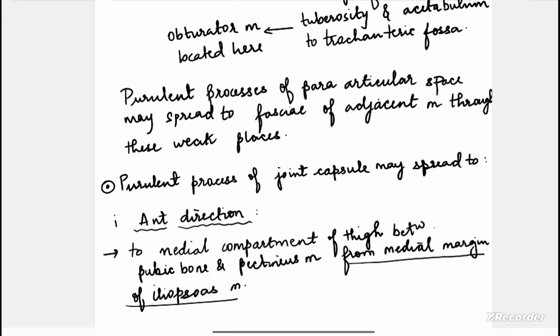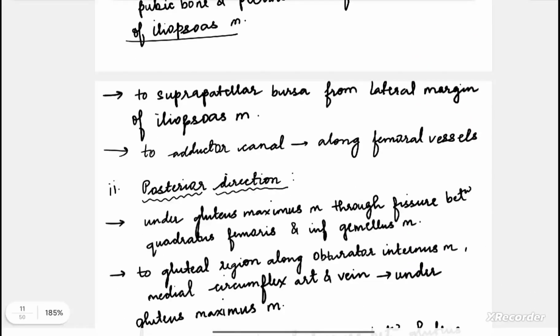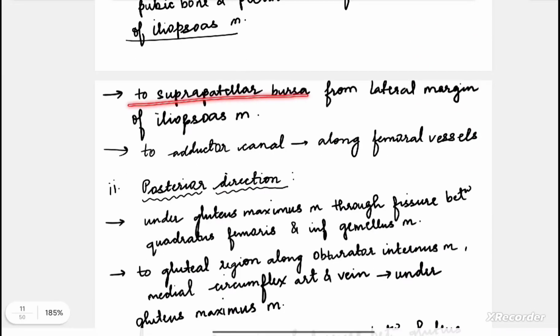Now, a purulent process of the joint capsule may spread in the anterior direction, to the medial compartment of the thigh between the pubic bone and pectineus muscle, from the medial margin of the iliopsoas muscle, to the suprapatellar bursa from the lateral margin of the iliopsoas muscle, and to the adductor canal along the femoral vessels.